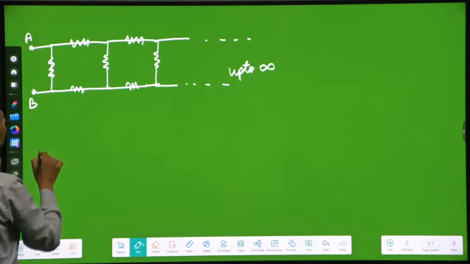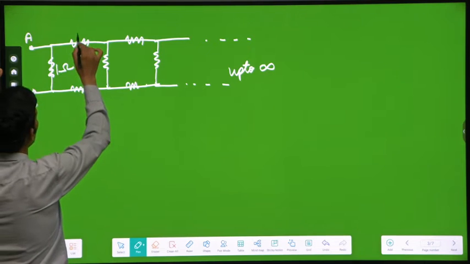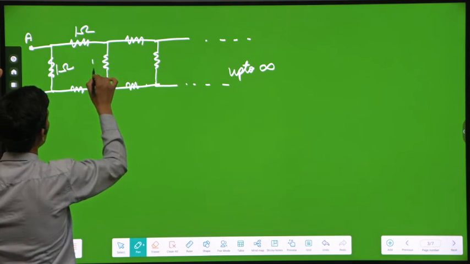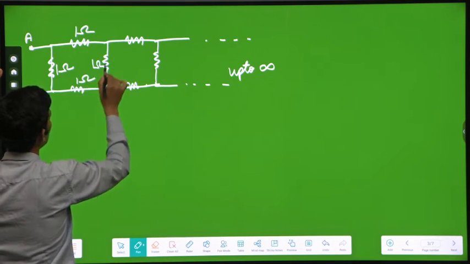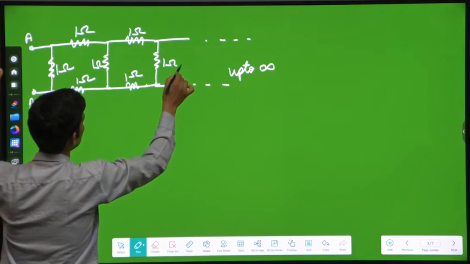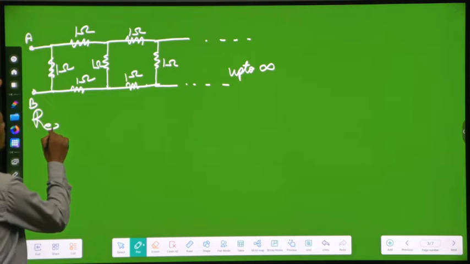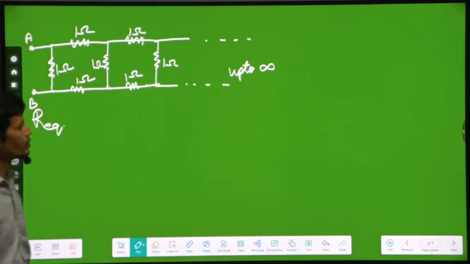We have to find, okay, I will give some values here: 1 ohm, 1 ohm, 1 ohm, 1 ohm, and that is being repeated over and over again. So in such a problem, how to solve? You have to find the equivalent resistance.